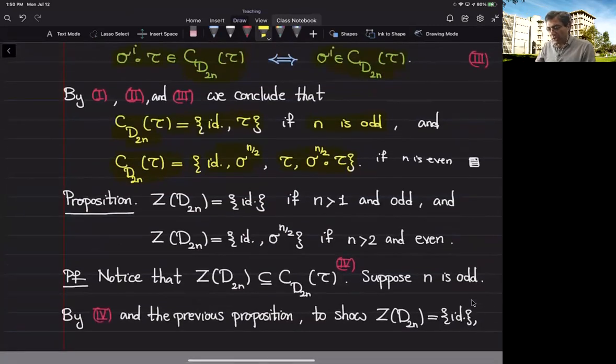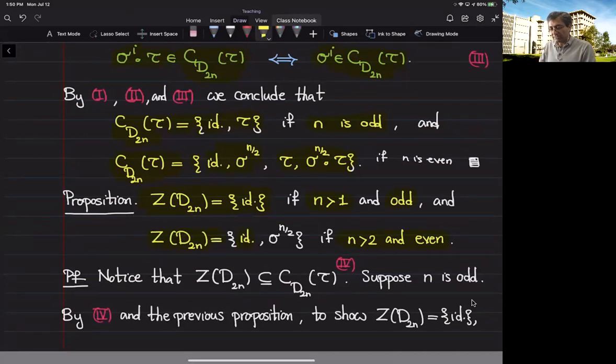When n is odd and at least one, we are going to show that the dihedral group has only identity inside its center. But when n is even and strictly more than two, sorry for that, otherwise we don't have this kind of polygon shape, then the center of this dihedral group consists of two elements.